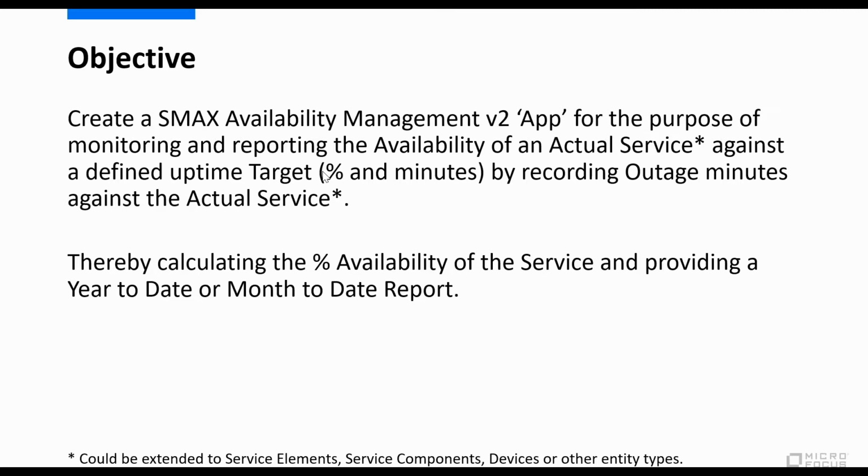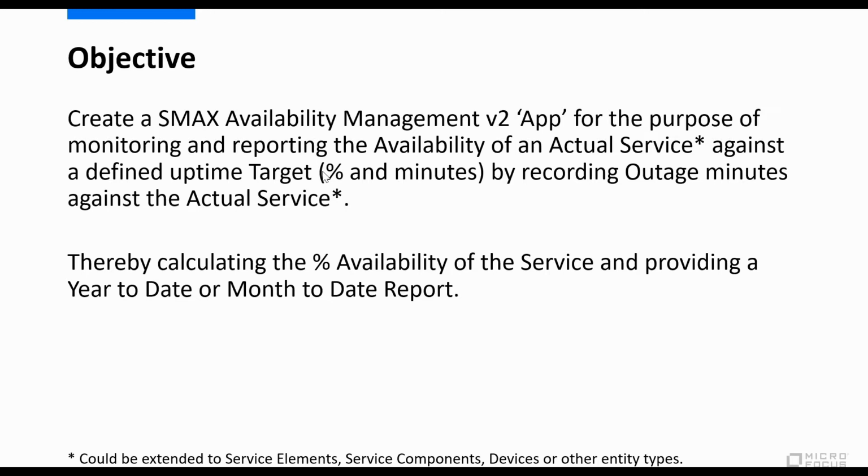Really, the purpose, as it states here, is monitoring and reporting the availability of an actual service against a defined target percentage of minutes, by recording outage minutes against the actual service. So doing it in a very classical way in terms of defining an availability target, determining what that is in terms of uptime minutes and allowed outage minutes, and using that to calculate.